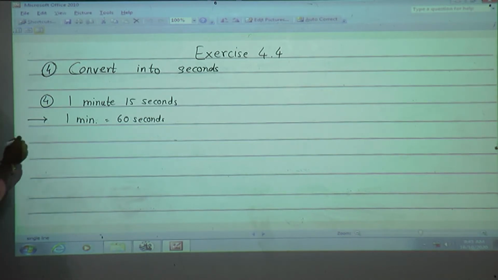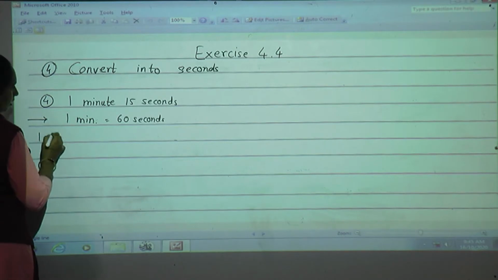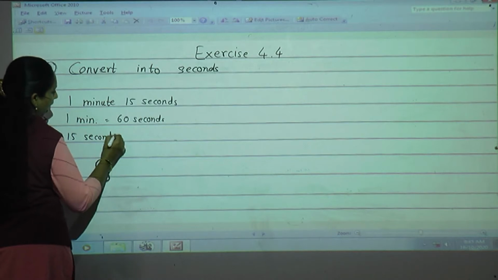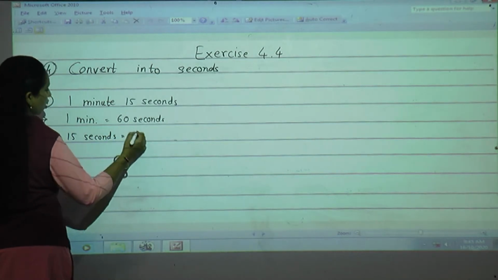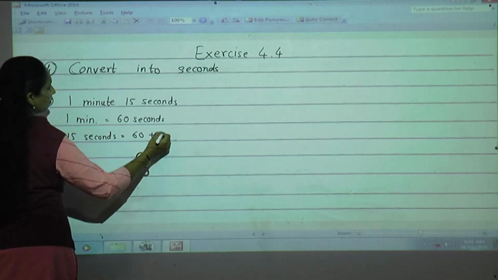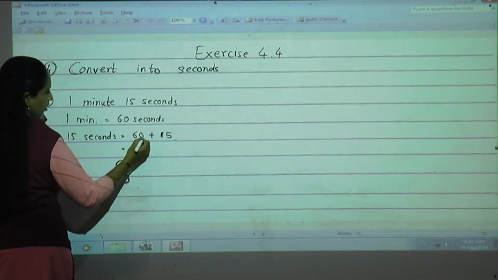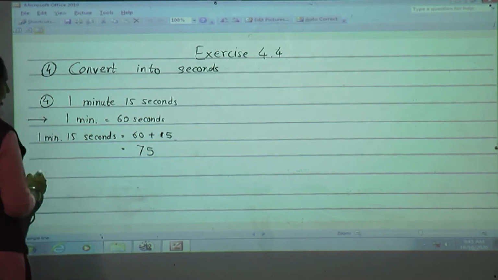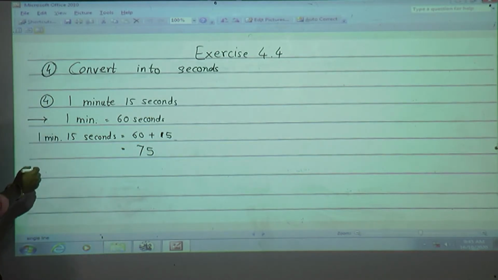Just here what we have to do, 1 minute 15 seconds. So seconds we have to add into these seconds. So 1 minute is equals to 60 seconds plus 15 seconds. 0 plus 5, 5, 6 plus 1 is 7. So answer is 75 seconds.